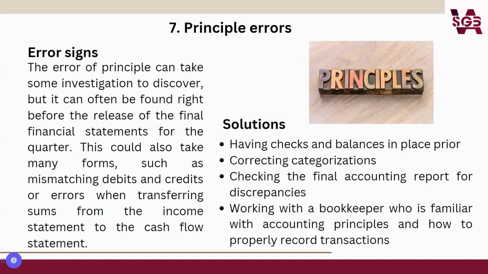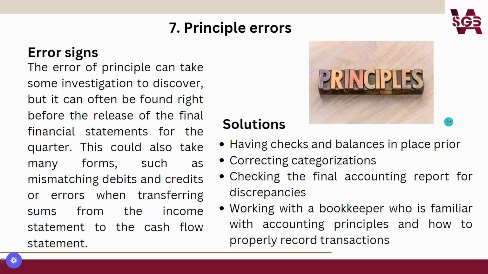So what are the solutions? First is always having checks and balances in place prior. So before you do the financial statements, you always check if the amounts are balanced, if it matches the bank statements. Also, you need to check the category of the transactions.